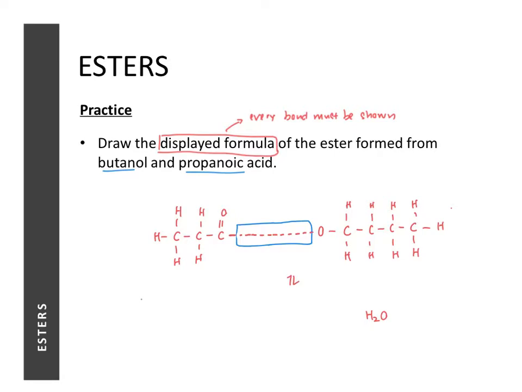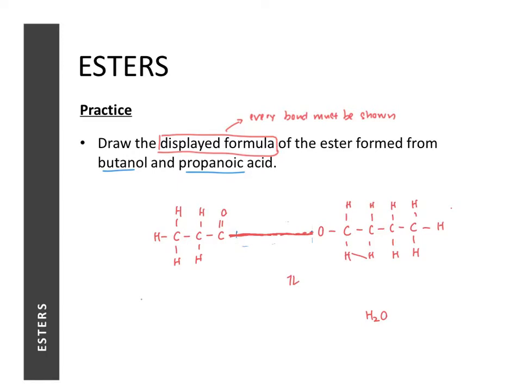So the displayed formula of the ester form is as follows. Okay, so this is already the answer. But try to draw the CO, make the CO bond shorter. This one looks highly weird. But essentially this is the structure.